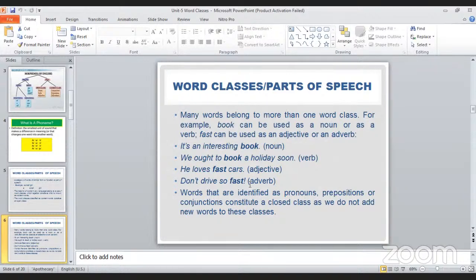Very good, Naushin. We have all 8 parts of speech: noun, adjective, pronoun, verb, adverb, preposition, conjunction, interjection. These are the 8 parts of speech that we have been learning since our school days.